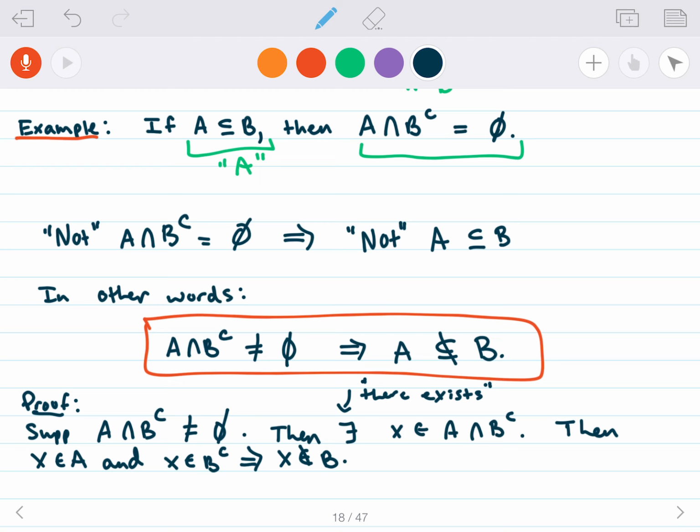So we have that x is in A, but that implies that x is not in B, and so A is not contained in B. Okay, so that is the idea behind these contrapositive proofs.